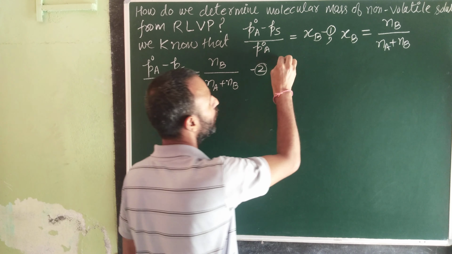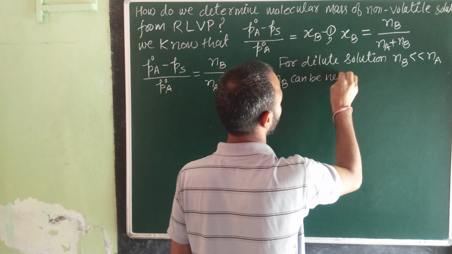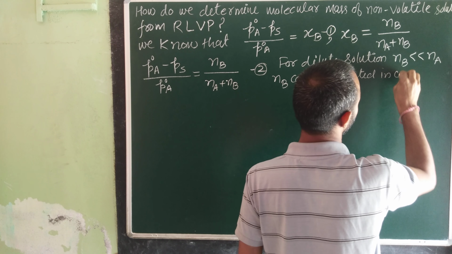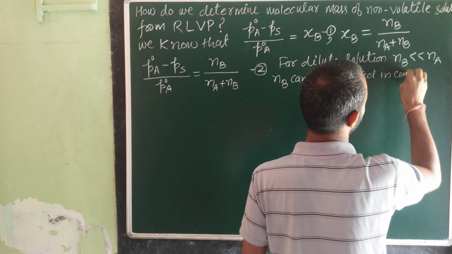Now for dilute solutions, you know, NB is very less than Na. So NB can be neglected in comparison to Na, right?